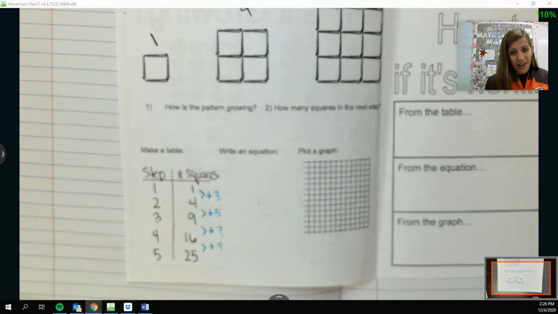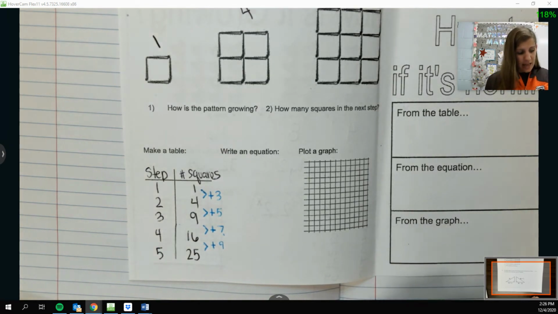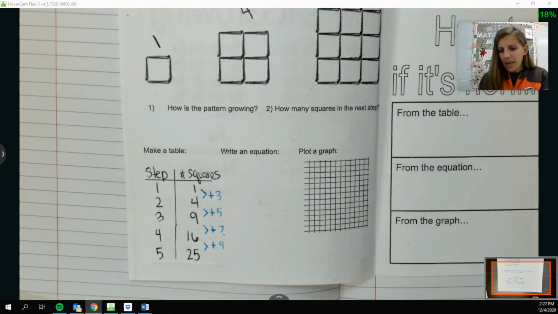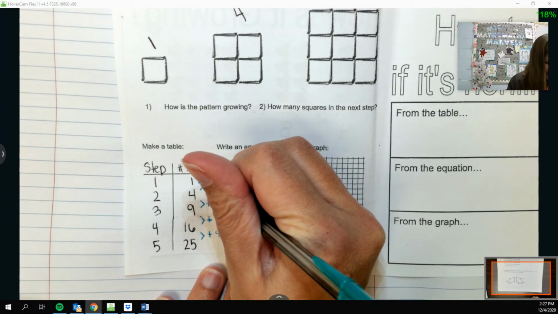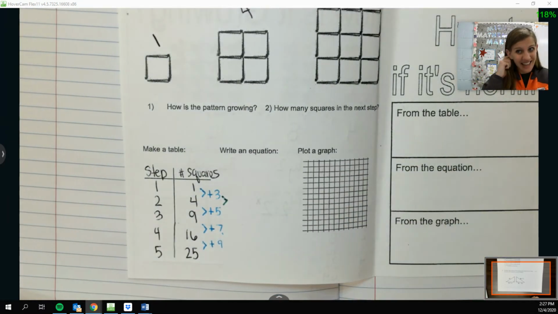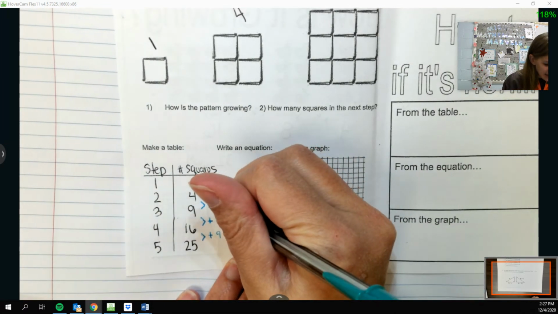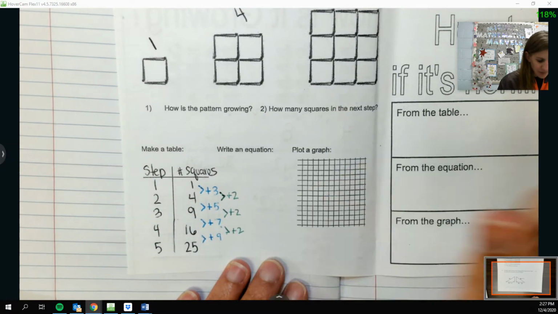And so the pattern is growing where it's kind of like you're adding all the odd numbers, I guess. Or another way to think about this too is if I think about how the pattern itself is growing, like what I'm adding by, that's up by 2, up by 2, up by 2.